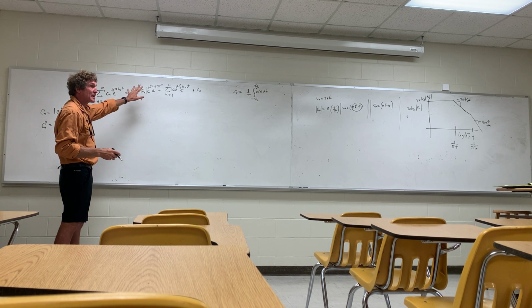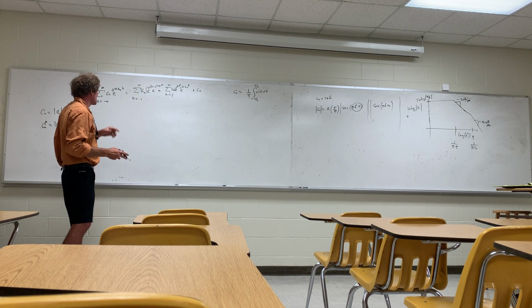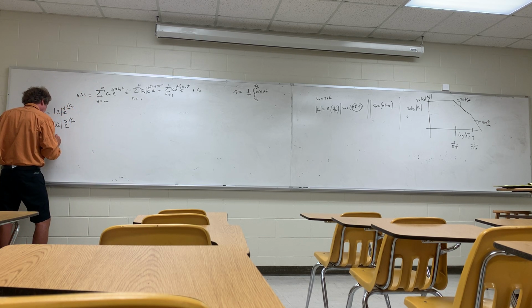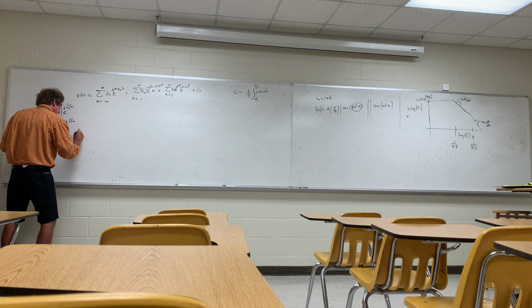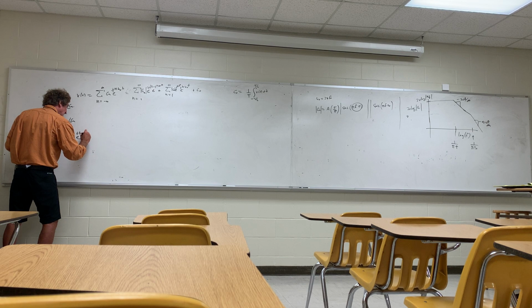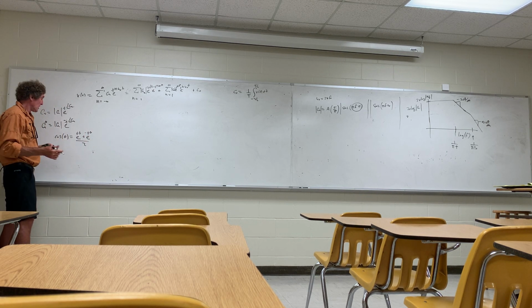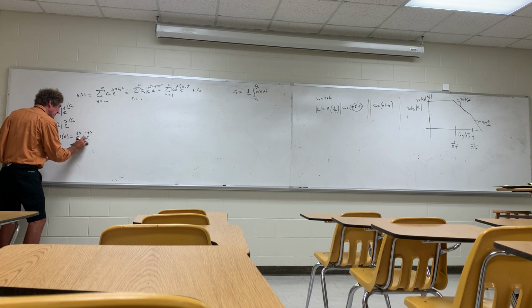Now, the next thing I'm going to do is this. If you look at cosine of theta, that's equal to e to the j theta plus e to the minus j theta over 2. You all agree with that, class? All right, so I'll multiply this by 2.